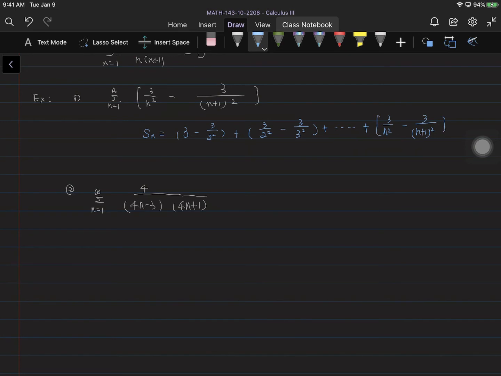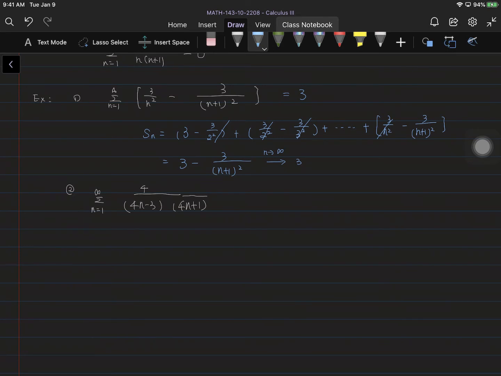And then we cancel all the middle terms. That's why it's called telescoping. They all cancel. So Sn equals 3 minus 3 over n plus 1 squared. And this limit goes to 3 when n goes to infinity. So the sum of this series is 3.